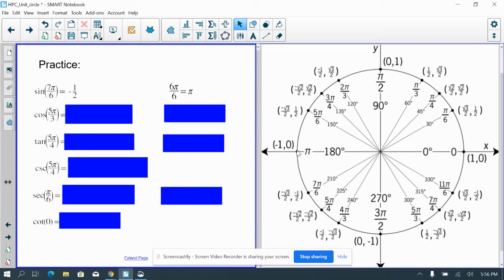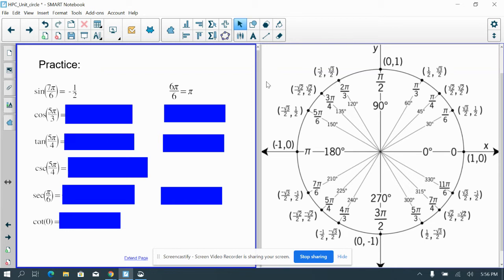So this right here is 6 pi over 6. So that means 7 pi over 6 is just one little pi over 6 more. So if this is 6 pi over 6, just go one more pi over 6. And that brings you right here. You're looking for the sine value, which is y. And since you went down, the y value is negative, and it's exactly negative 1/2.